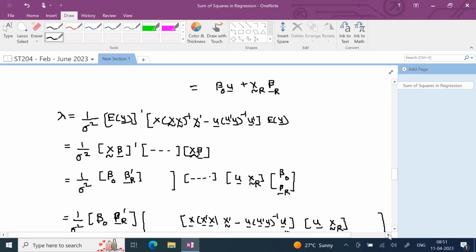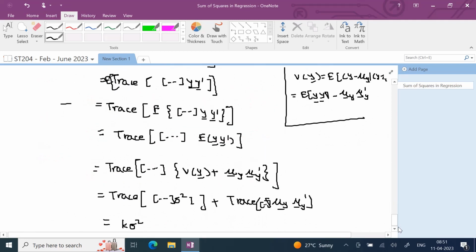Of course, sigma square is not there, but other than that it is lambda. Hence I get the second term as beta R prime X c prime X c beta R, from the derivation that we did just now for the non-centrality parameter.